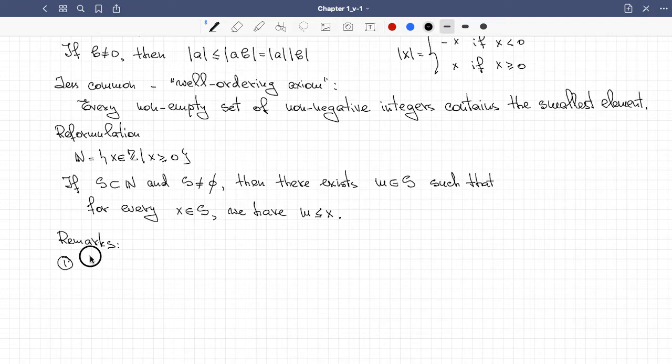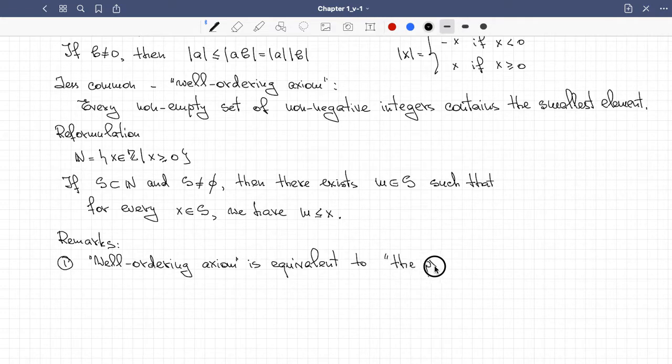So, the well-ordering axiom is equivalent to what you typically call the principle of mathematical induction.